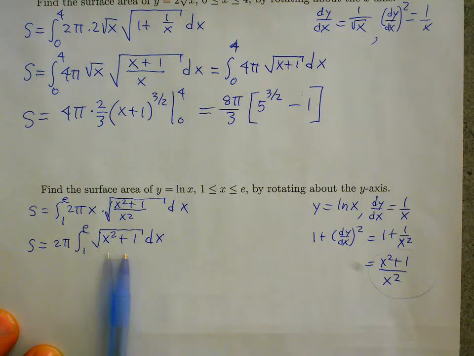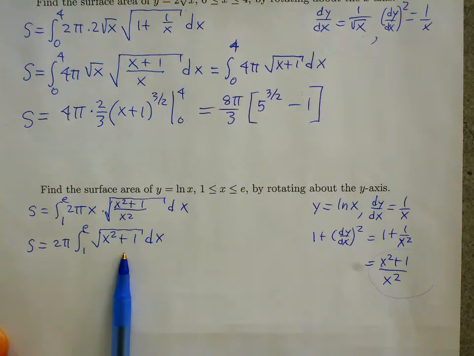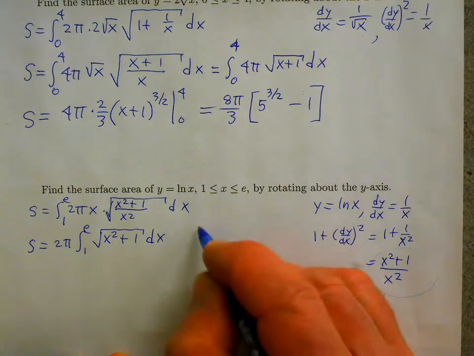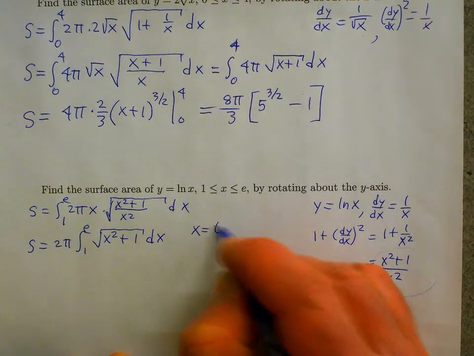So what are we going to do? The integrand is the square root of x squared plus 1. Yeah, we can use a trig substitution. The one to use in this case is x equals tangent of u.